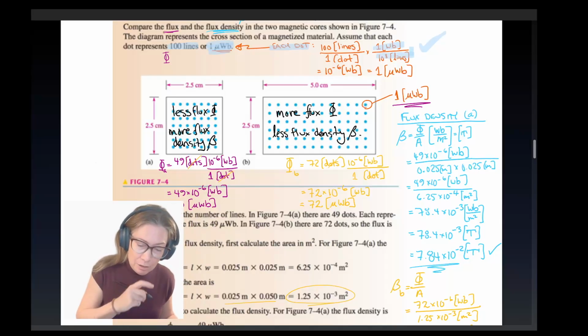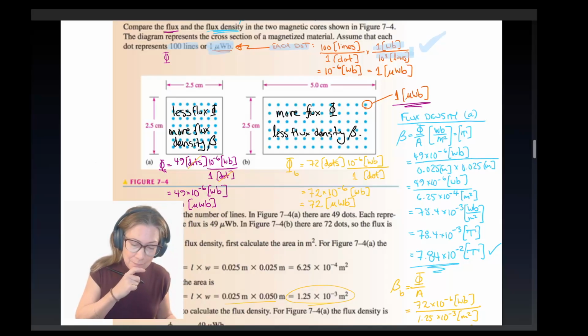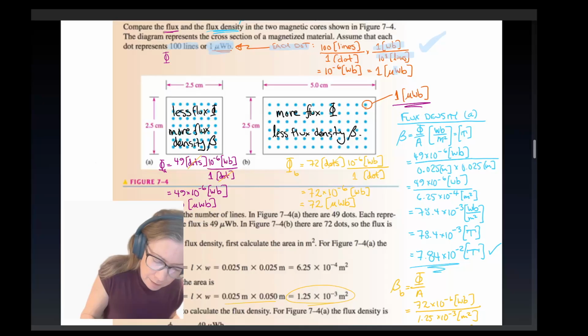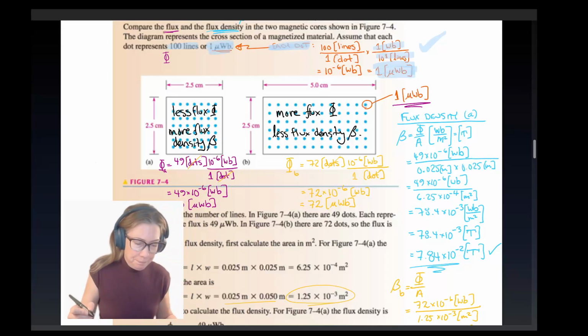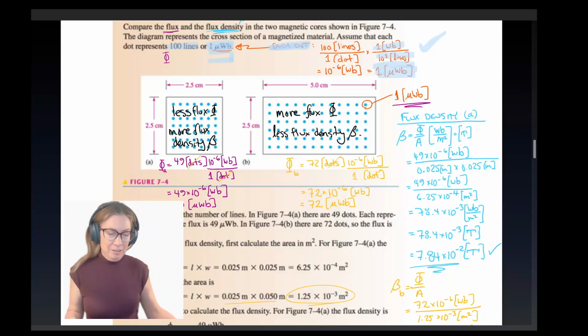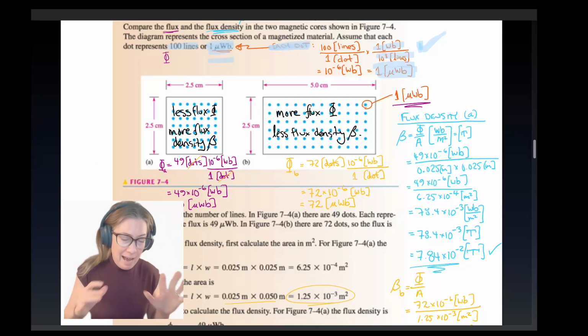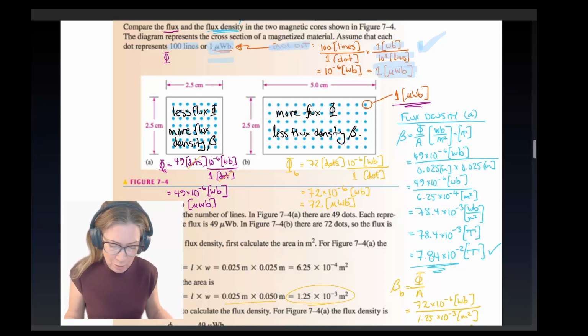So that means each dot is 1 microweber, which I told you here. It says it in the question, but I'm just reviewing. You have to know that before you start this question.